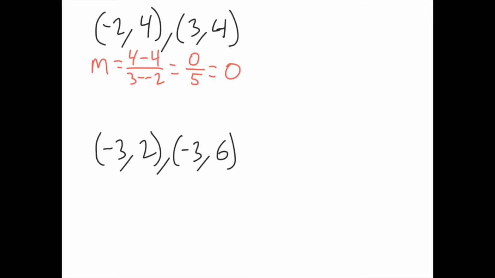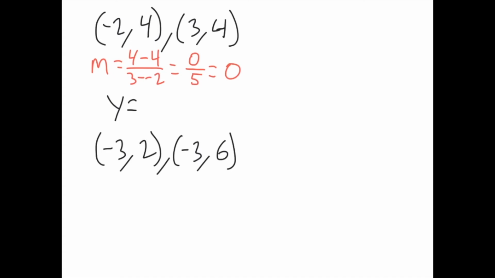So what's going to happen with that is if your slope is ever 0, remember from last time we said when your slope is 0, that means it's going to be a horizontal line. So your equation is going to be y equals some number.